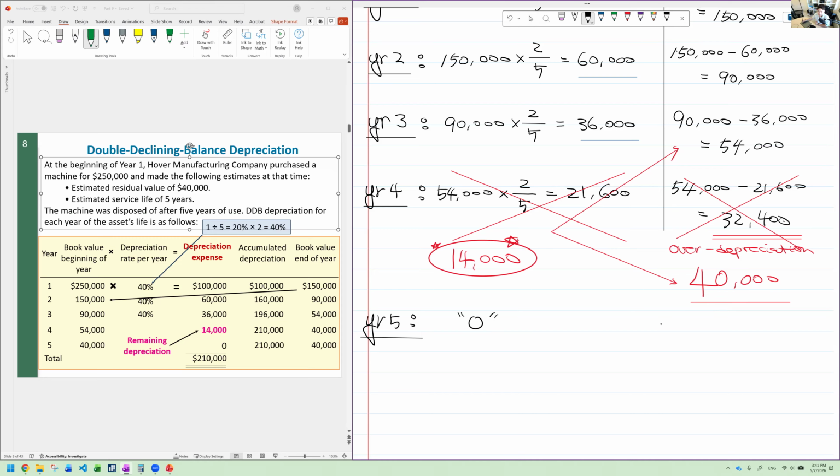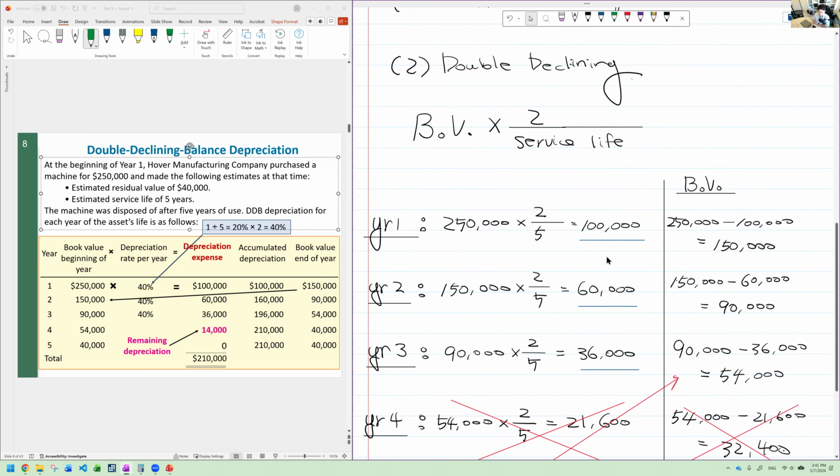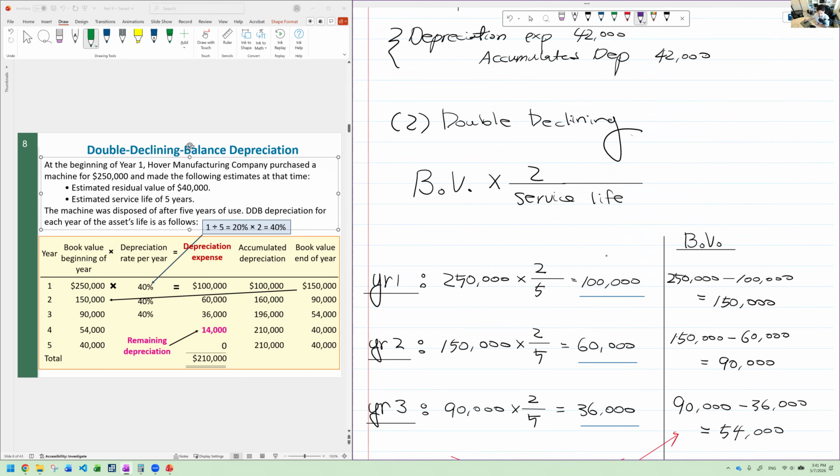And the reason why we sometimes encounter this over depreciation issue is because our double declining method formula does not factor in or consider residual value. There's no residual value component in our formula.